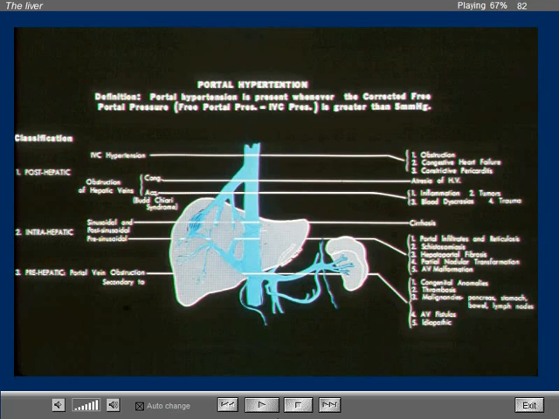Now, the most common cause of portal hypertension is intrahepatic, and here we have the sinusoidal and post-sinusoidal, represented by cirrhosis of the liver, and the pre-sinusoidal causes of portal hypertension, which include a number of entities such as schistosomiasis, hepatoportal fibrosis, portal infiltrates, the entity called partial nodular transformation of the liver, and even some AV malformations.